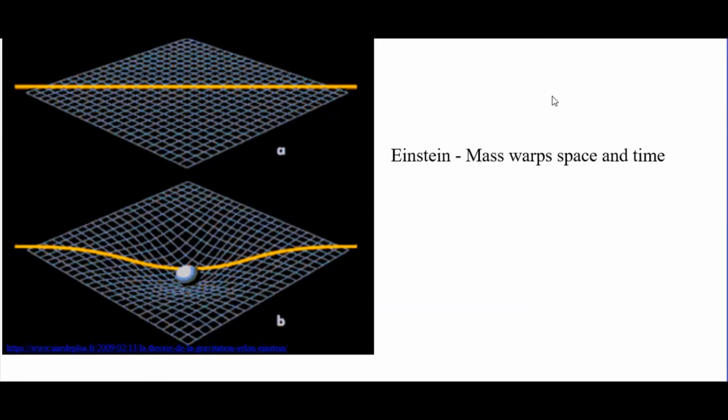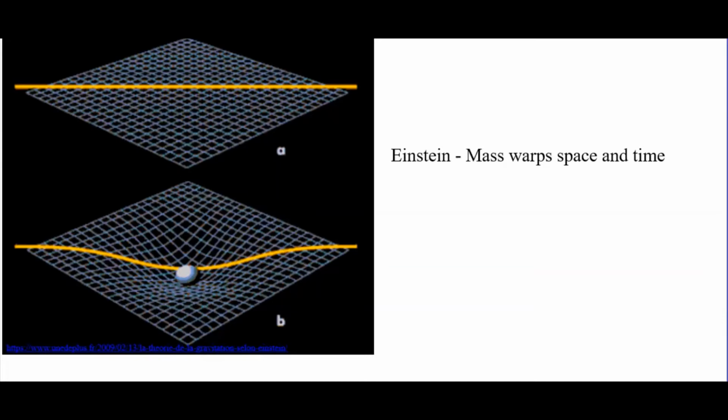And so after almost a decade after he published his papers about special relativity, he came up with general relativity, which was supposed to explain everything in the cosmos. And so he came up with this whole notion that space and time are one and the same. And it's not that mass attracts mass, it's that mass can actually warp space and time.